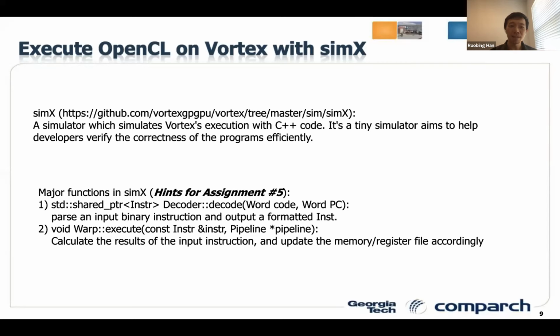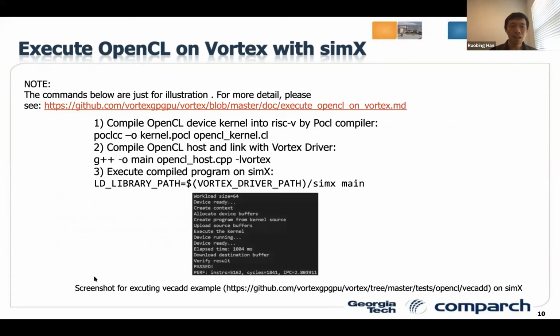Here are some major functions which are critical to implementing the assignment file for our Vortex tutorials. For example, there is a decode function, which decodes the input binary instruction into maybe a more fancy format to help parsing in the future execution. There is also the execution part, which supports cycle-level execution to calculate the result of the input instructions and accordingly update the memory and register file.